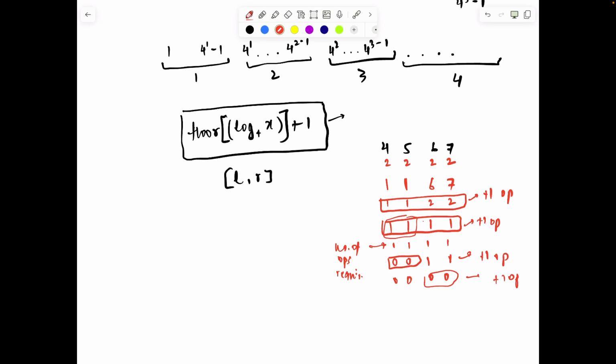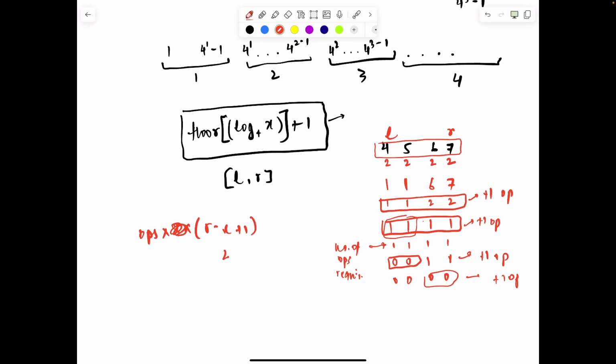if, for example, you were allowed to take only one element and reduce it by 4, and not two, how many operations would this range require to make all the elements 0? That's nothing but 2 into the number of elements, right? So let's say this was our L, this was our R. So 2, which is the number of ops for that range, into R minus L plus 1, right?